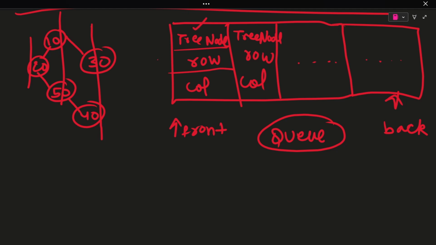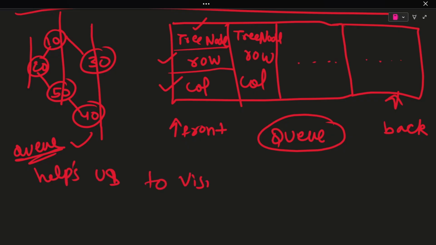I will require three things. First of all, what is the use of the queue? If you understand the use of the queue in this example, then you can understand the solution. The queue's job is that it helps us to visit all nodes and carry their row and column.